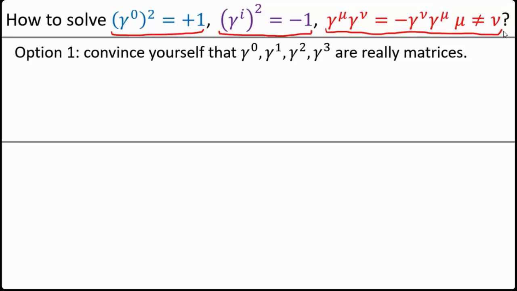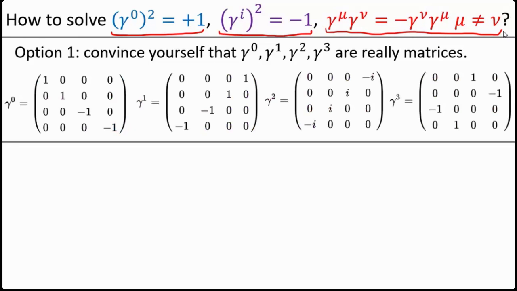Yeah, I'm going to talk about the wedge product later, but that's true. When you have sigma x, sigma y, that's sort of like a plane, the xy plane. But anyway, just like before, option 1, you can convince yourself that these are matrices, and just like Dirac, you can come up with matrices that satisfy the squaring rules and the anti-commutation rules.